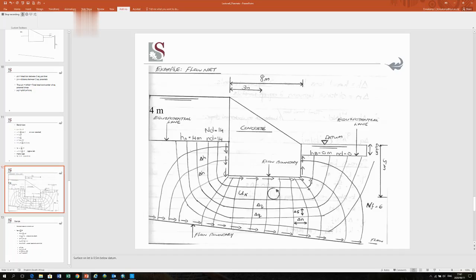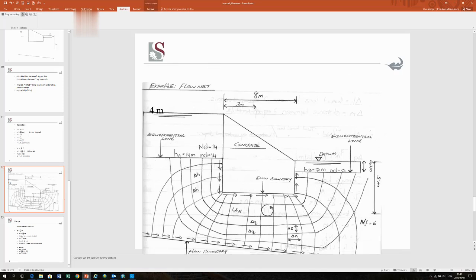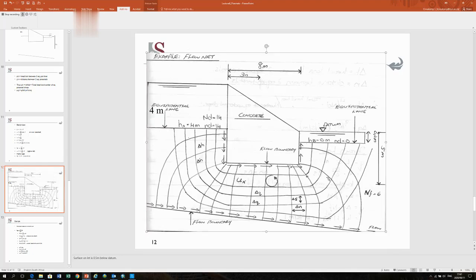So this particular one is 1, 2, 3, 4, 5, 6, 7.5.